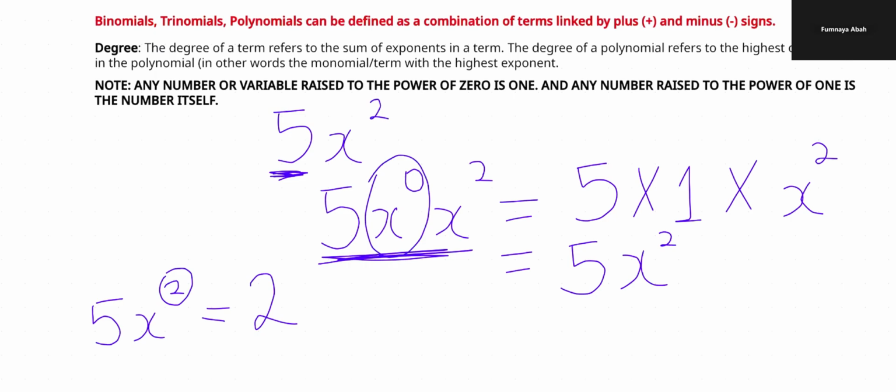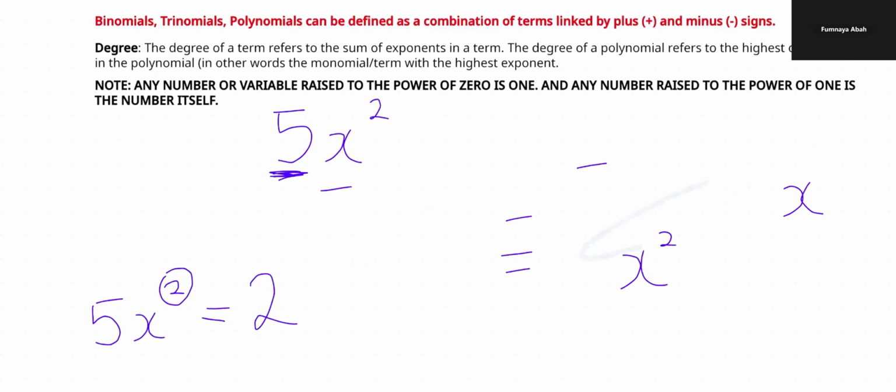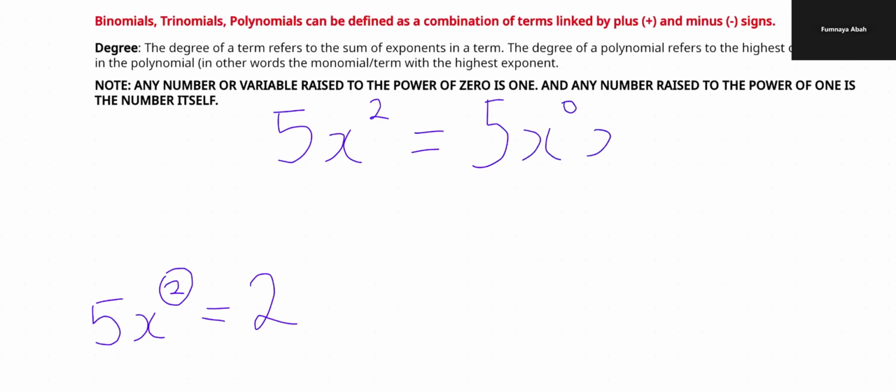So knowing this, the degree of 5x squared, now that we know that 5x squared is equal to 5 times x raised to the power of 0 times x raised to the power of 2, I'm so sorry.